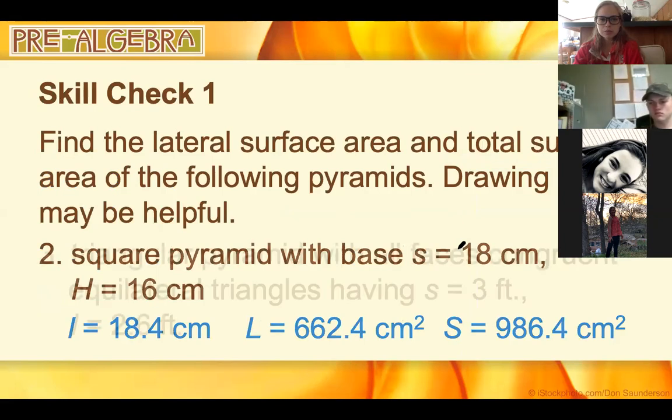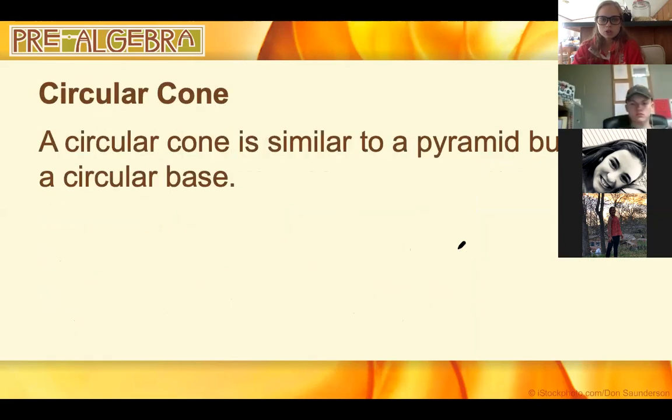Pyramids. Let's move on to a circular cone. Now it's very similar to a pyramid, just like we have cylinders and we had rectangle or square prisms. These were very similar as well too.